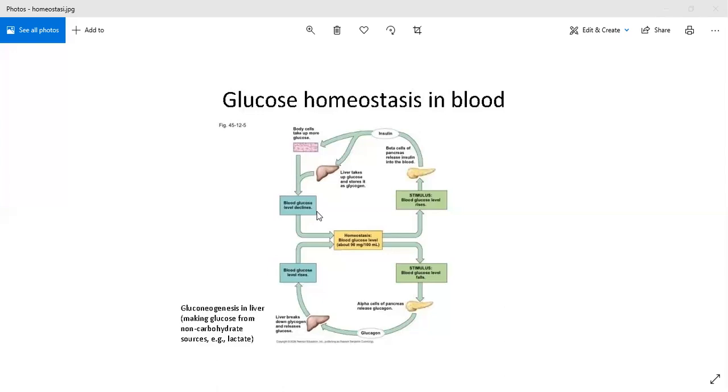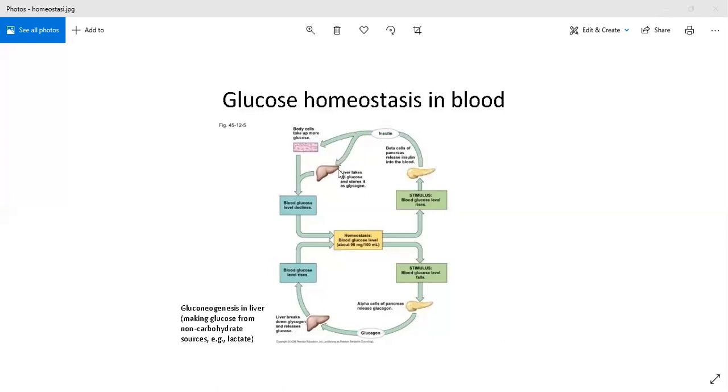Remember, when we started here, we said blood glucose level rises, hyperglycemia. Detected by the body, and the pancreas causes the beta cells of the islets of Langerhans to release insulin. Insulin converts this excess glucose into glycogen, which is stored in the liver by a process called glycogenesis.